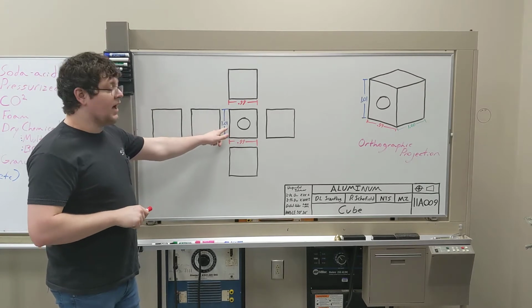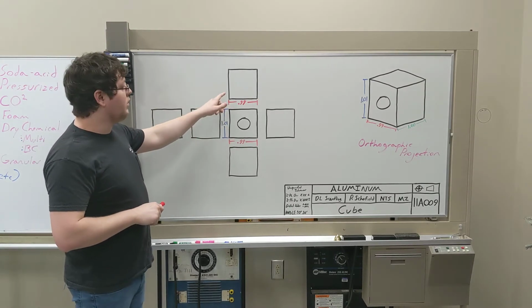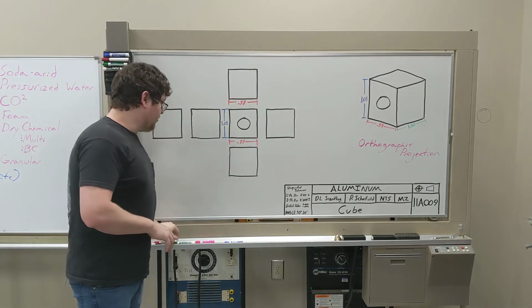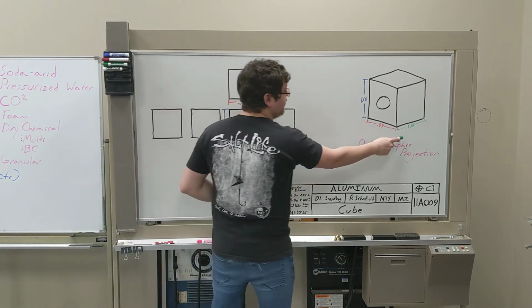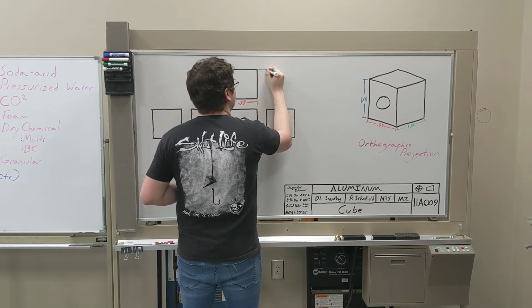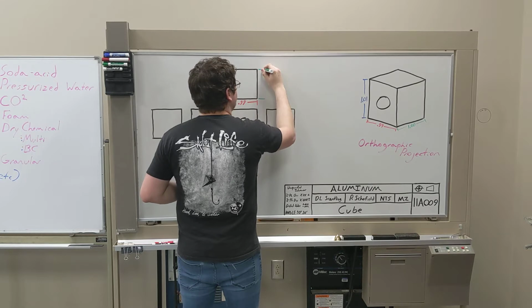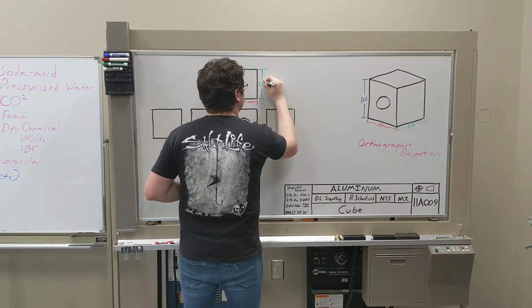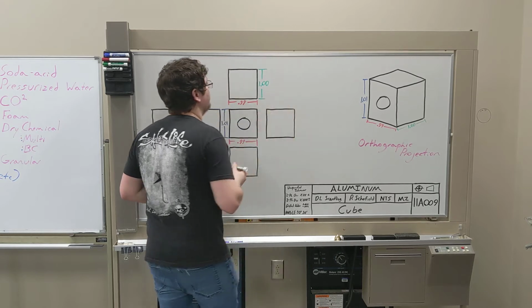But I'm not going to see the height. I'm only going to see the width. I'm going to see the depth. What's my depth? Come over, and I see it. Extension lines, dimension lines, 1.00.